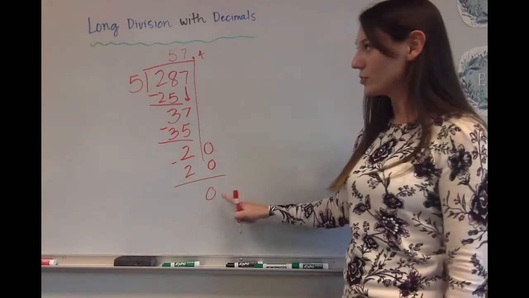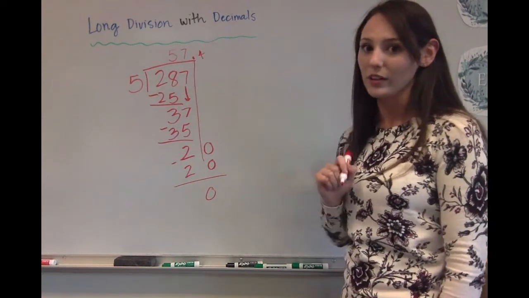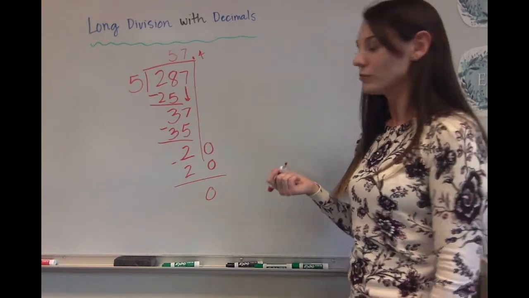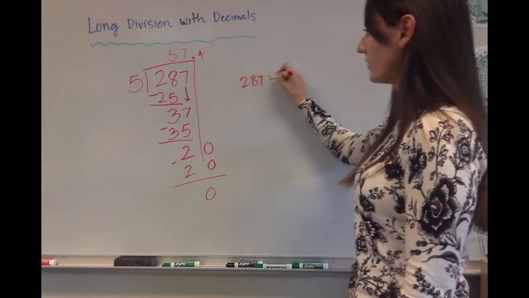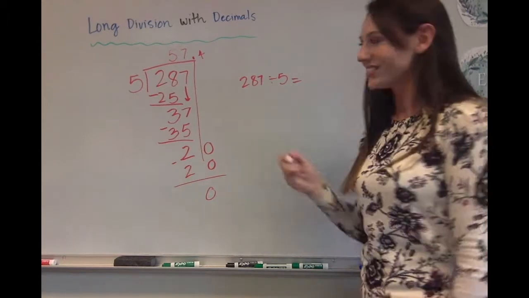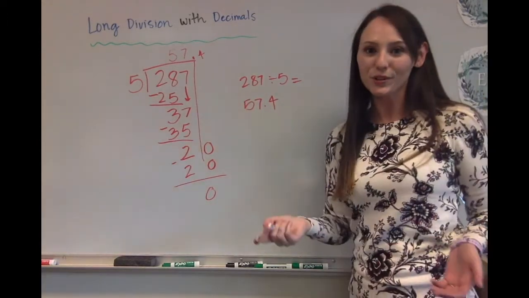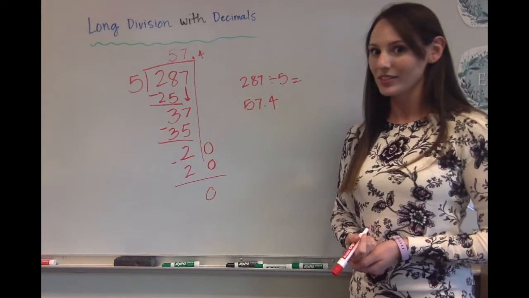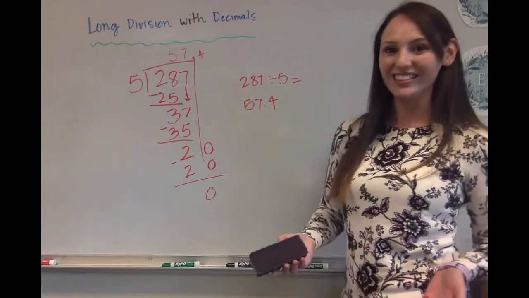You'll see that I have no more digits to divide for, so this is going to be my final answer, 57.4. So the quotient of 287 divided by 5 equals 57.4, or 57 and 4/10.